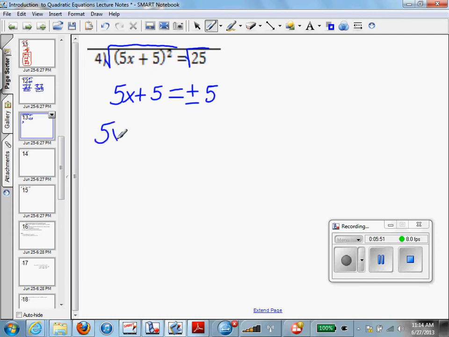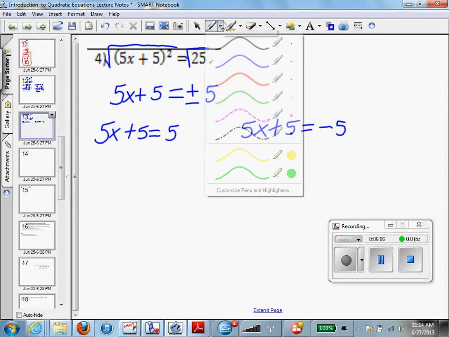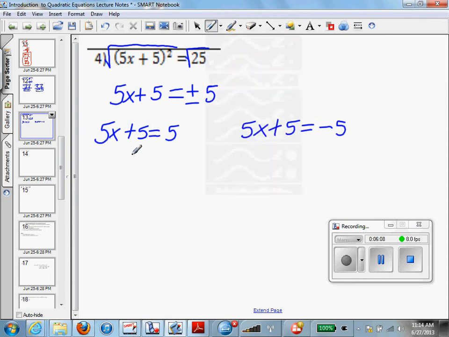At this point, I like to break the problem down into two separate pieces: 5x plus 5 equals 5 and 5x plus 5 equals negative 5. On this first piece, let's start getting stuff away from the x by working farther away from it.